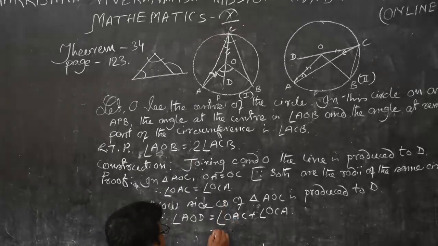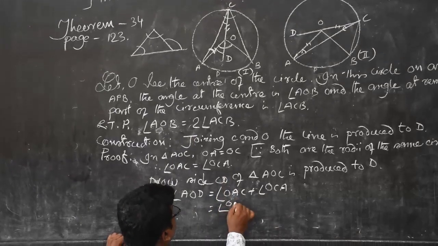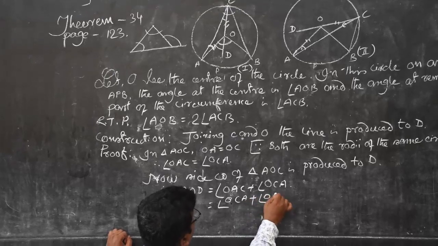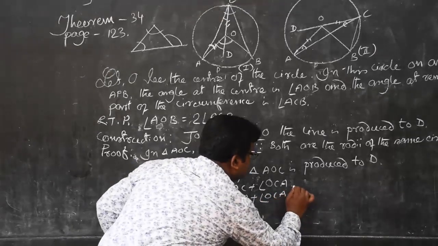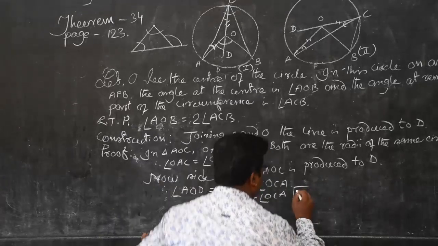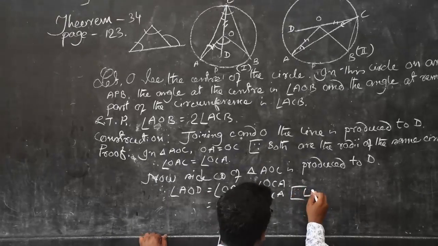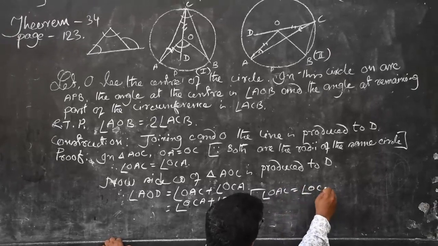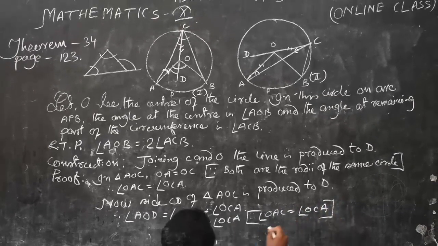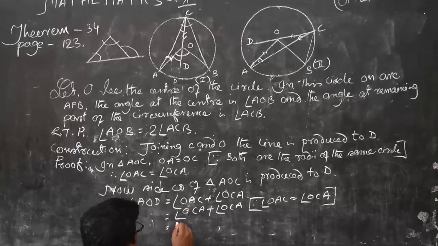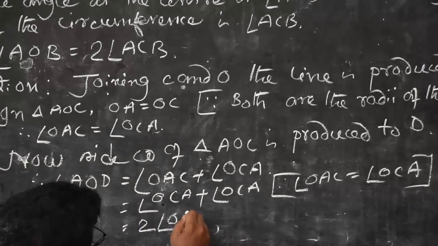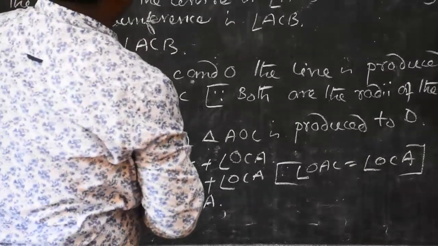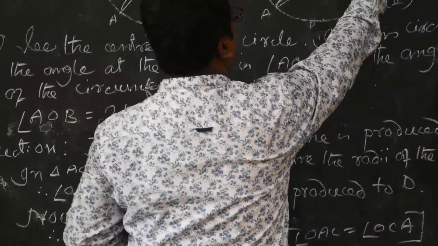So here we are getting angle OCA plus angle OCA. Right, here is one logic: since angle OAC equals angle OCA, it equals 2 angle OCA. Clear?